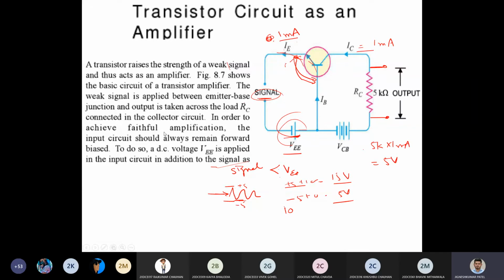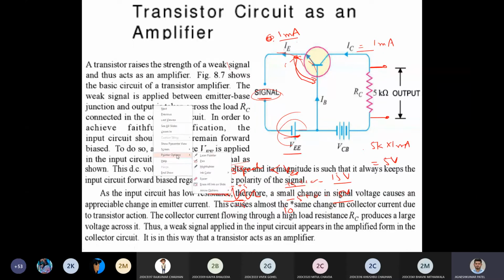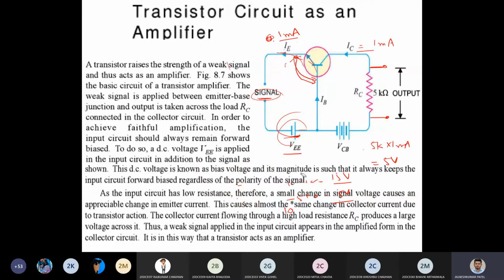In order to achieve faithful amplification, the input circuit should always remain forward biased. To do so, a DC voltage VEE is applied in the input circuit in addition to the signal, as shown here. We have already seen how it is done.